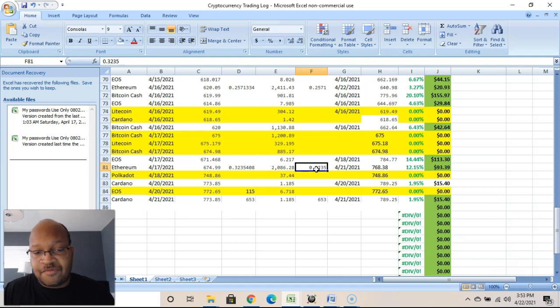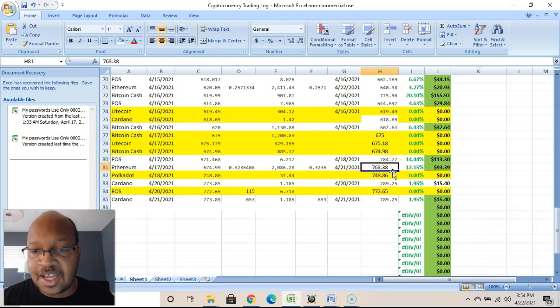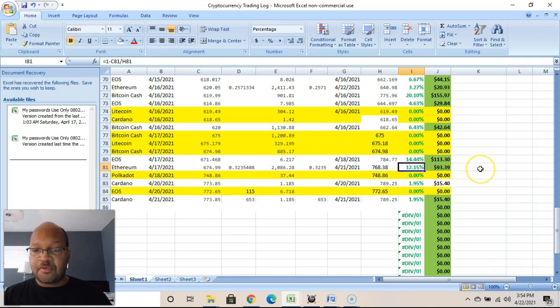At least I haven't figured out how to do that yet. So anyway, there was a sale that happened on the 21st of April in the amount of $768.38 for a profit of 12.15% on that trade, or $93.39 into my account as a profit.